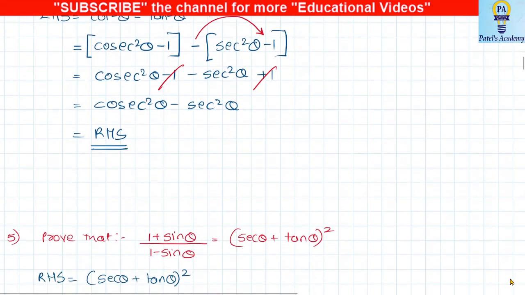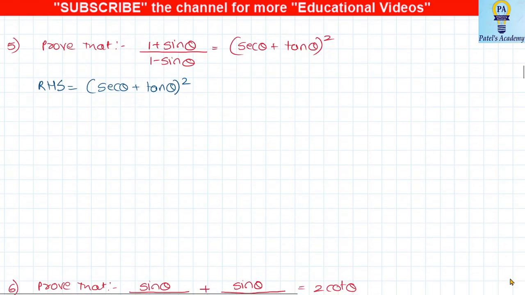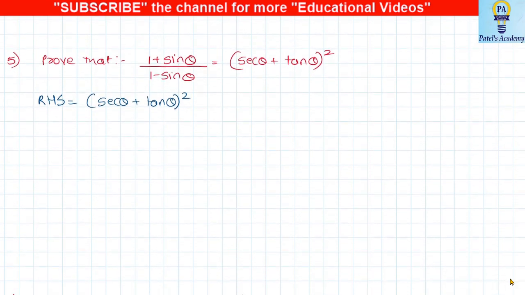Okay, now let's see the next one, sum number 5. For sum number 5, I have taken the right hand side, because that is slightly easier or more convenient to solve; you can even start with LHS also. Now it is bracket square, so I am going to show the bracket square as it is. Now I will convert these terms into sine and cos.